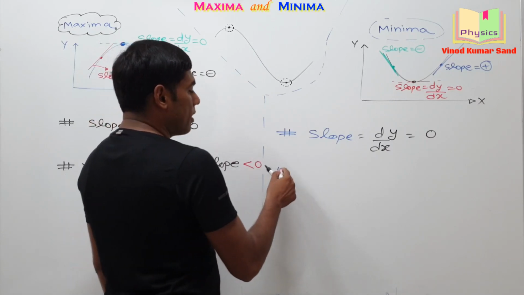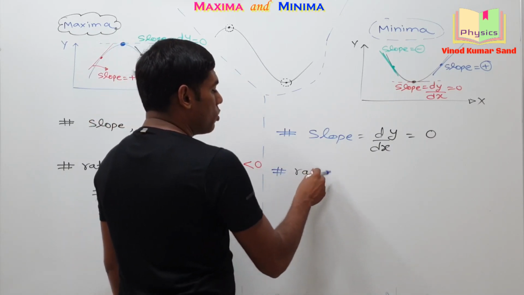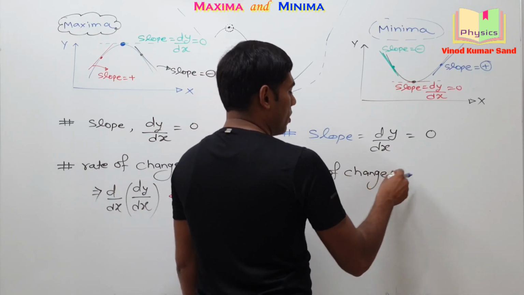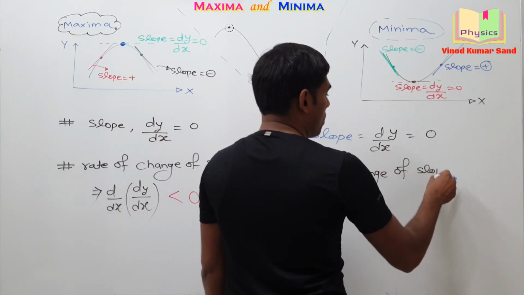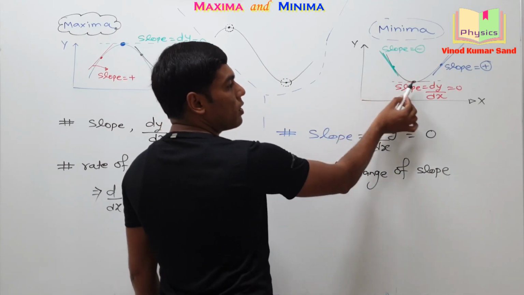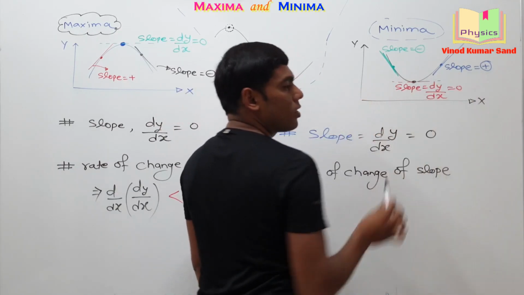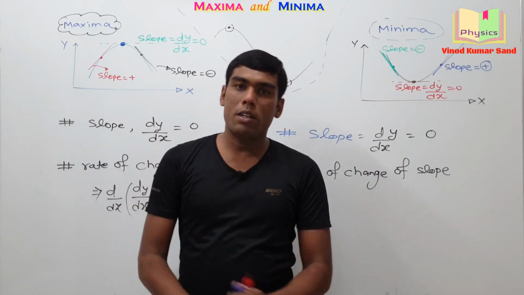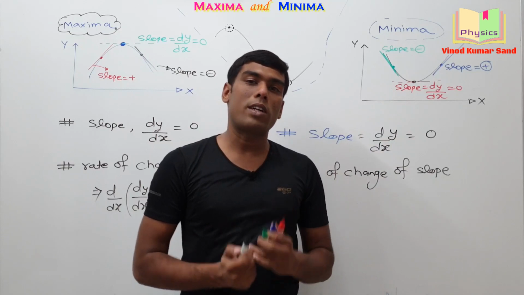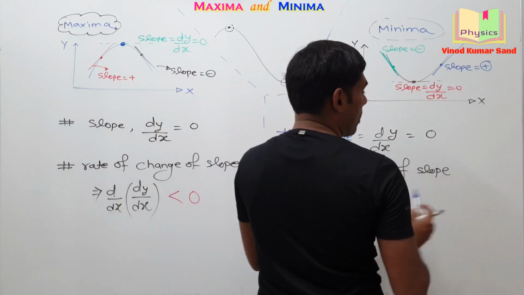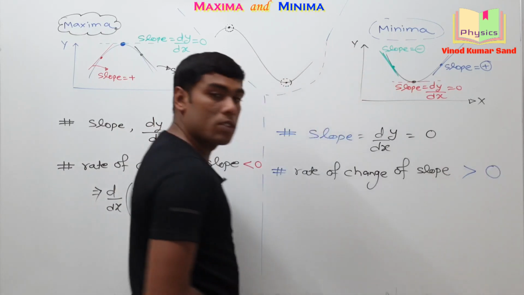And the second thing, rate of change of slope. Now can you tell me how much is the rate of change of slope? Here the slope is negative, then it becomes 0 and then it becomes positive. Some quantity is going from negative towards positive. It means that quantity is increasing. So the rate of change of slope here is greater than 0.